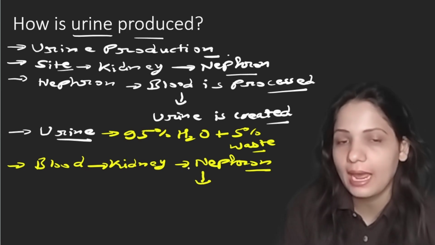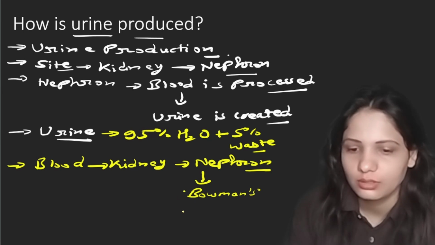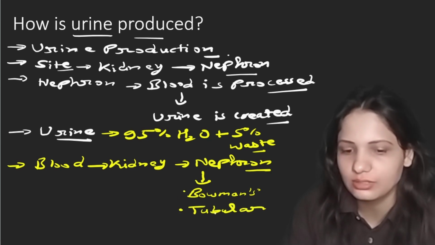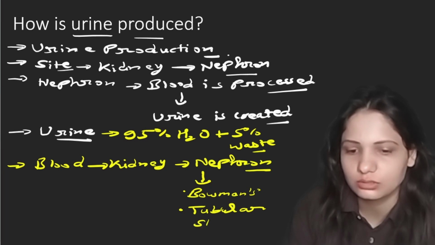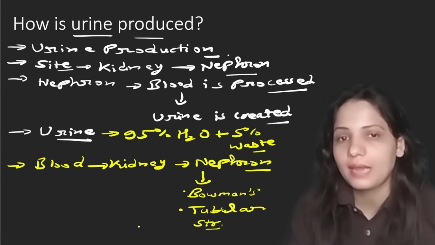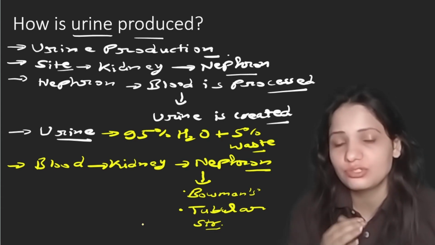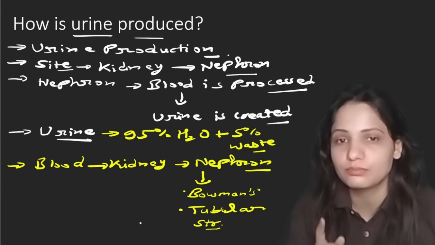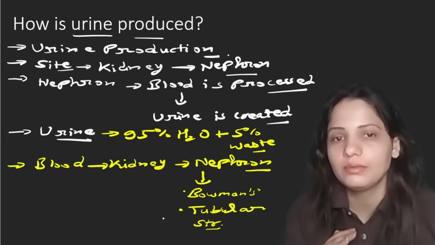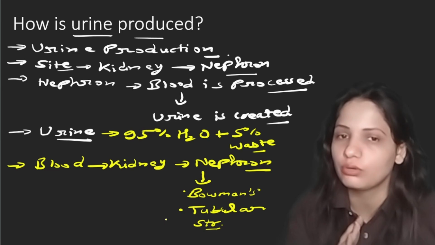In the nephron we have different structures: Bowman's capsule, and second is tubular structures, PCT and DCT. These we have covered in our previous slide. In the structure of the nephron we have Bowman's capsule and tubular structures, and these structures are responsible for this process of urine production. Now we will discuss in detail how this urine is produced inside the nephron in kidneys.